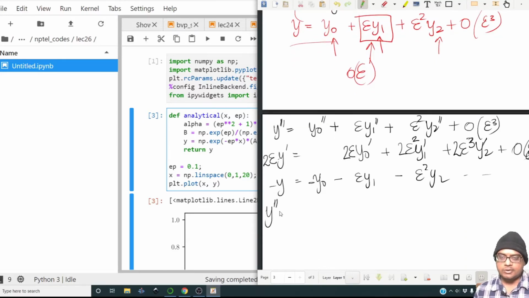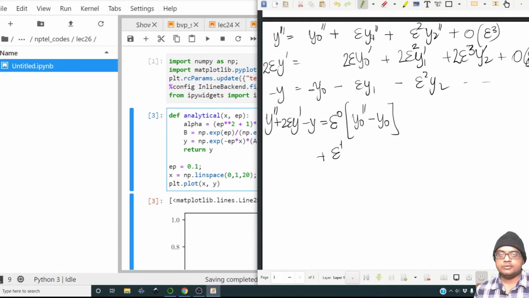So we have y double prime plus 2 epsilon y prime minus y, and let us now write the right hand side in terms of various terms collected in orders of magnitude of epsilon. So epsilon to the power 0 has y naught double prime minus y naught, plus epsilon to the power 1 times y1 double prime plus 2 y naught prime minus y1.